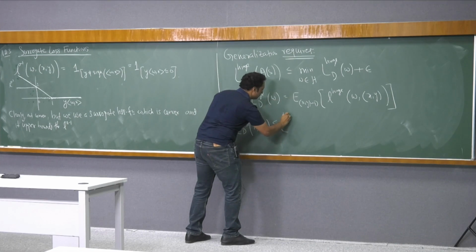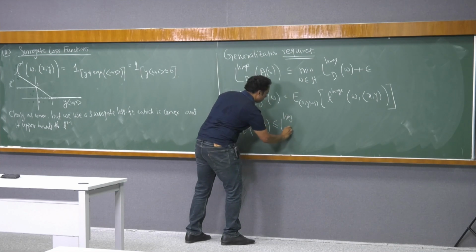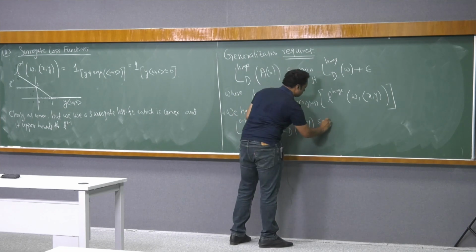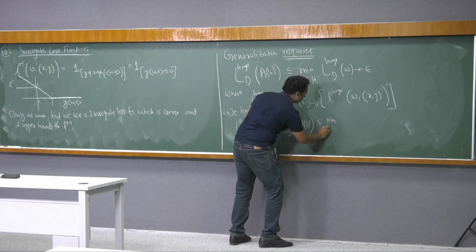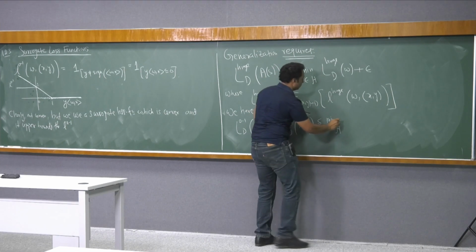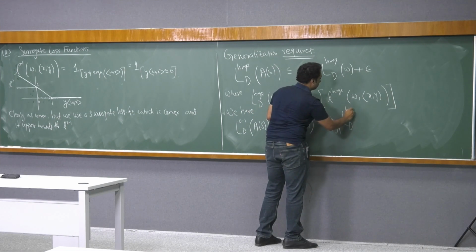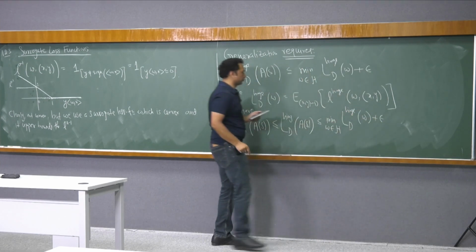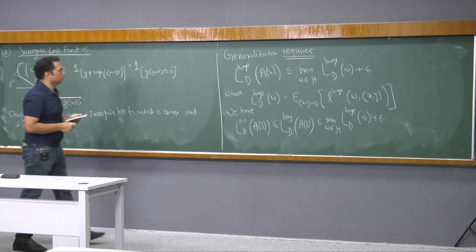L hinge is less than or equal to L hinge, and then this is less than or equal to the minimum over W in H of L D hinge W, plus epsilon. Okay, so this is something we have.